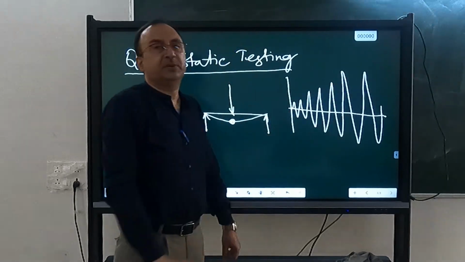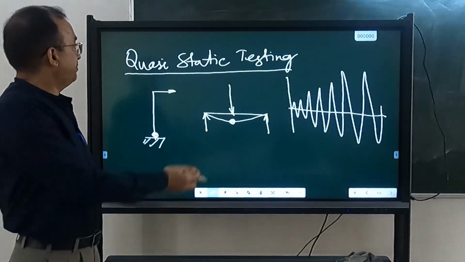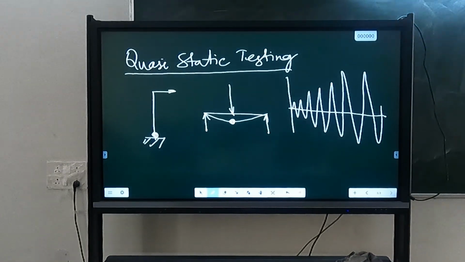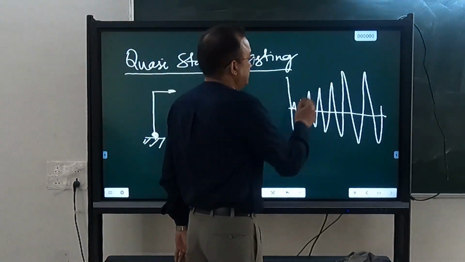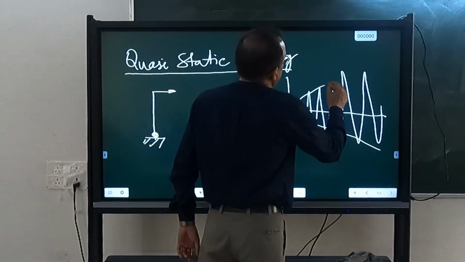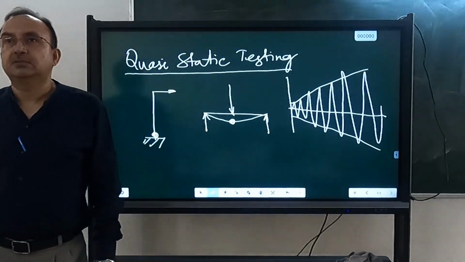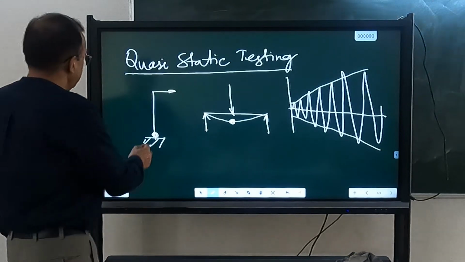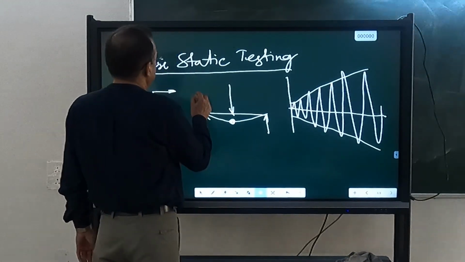It is not earthquake displacement. In the previous case, the displacement will follow the earthquake time history. Whatever displacement is caused by the earthquake, that displacement we were applying. Here, the displacement is just an ideal pattern. Some pattern I will apply, not the earthquake pattern. And then I can get the hysteretic behavior.